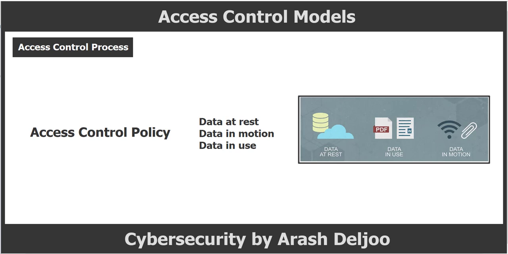About the data in motion, this refers to data moving between two parties, meaning it is in transit. When in this state, the data is subject to higher risk because it goes outside of the security perimeter where the data owner might not have control. End-to-end encryption and VPN technologies are usually used to protect data in motion.